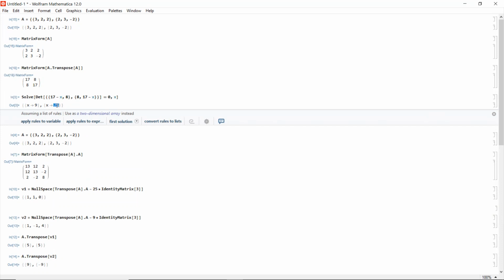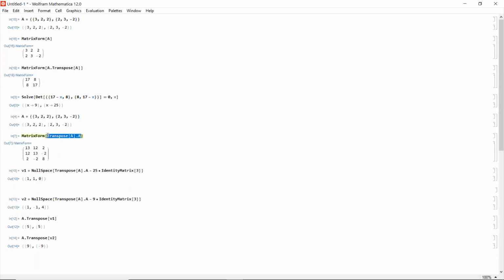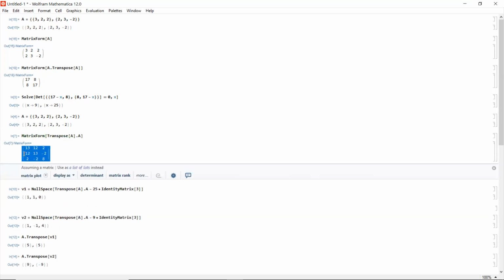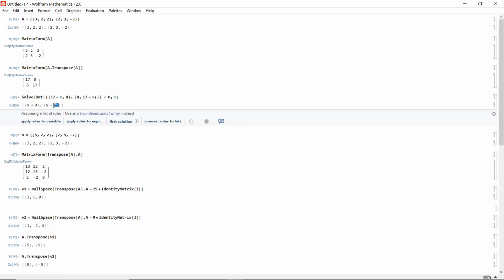But now I want to get u and v. So here I will calculate v's. I calculate A transpose A. This is this 3 times 3 matrix. And I already know from above that one of the eigenvalues is 25.